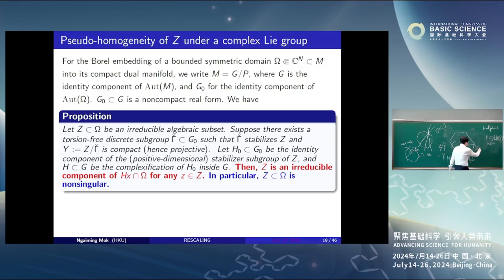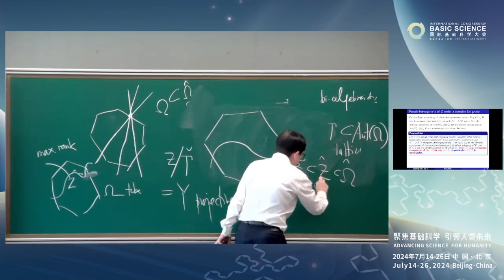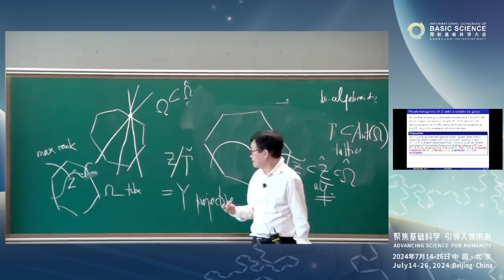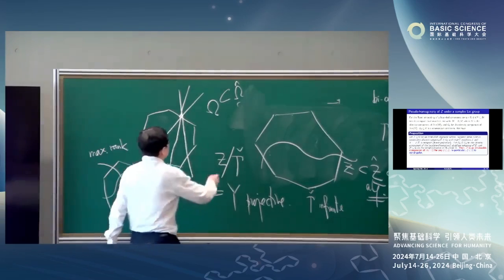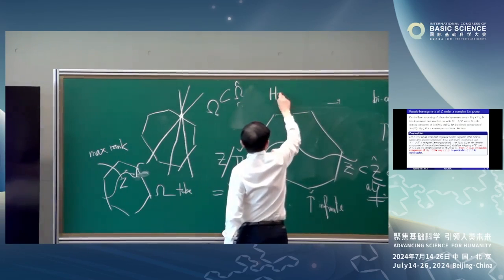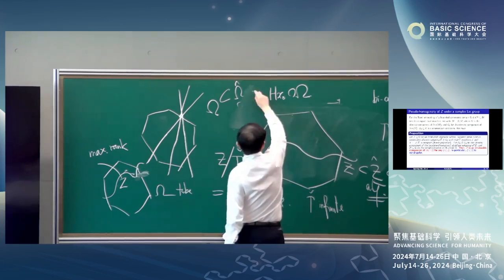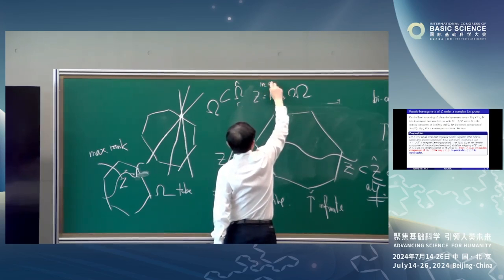Z is inside Z check, and this is algebraic. You can show that Z is H acting at a certain point, intersected with Omega, or some irreducible component of this.